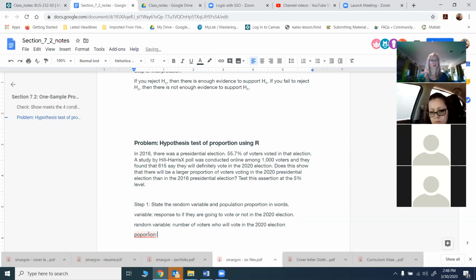So what is my proportion in this case? I'm going to actually write parameter. Parameter is the proportion. Proportion of what? Of people that will vote versus people that will not vote. Well, I can only do one thing. So it's the proportion of people who will vote, right? Yeah. So the proportion of voters who will vote in the 2020 election.